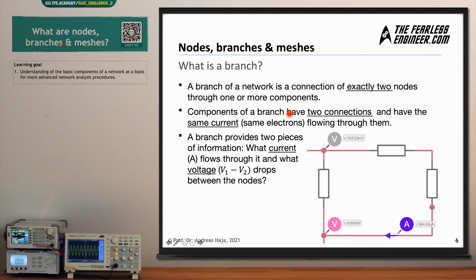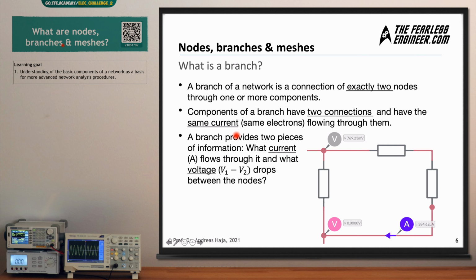Components of a branch have 2 connections, and the important thing here is that at any place in this branch there are the same electrons coming through. It's not only the same current, it's literally the same electrons flowing through them. So every electron entering this branch will come out at the other end, given that we leave the electron enough time to do so, because electrons, as we have talked about before, move rather slowly.